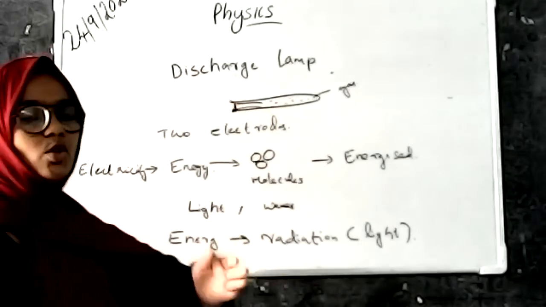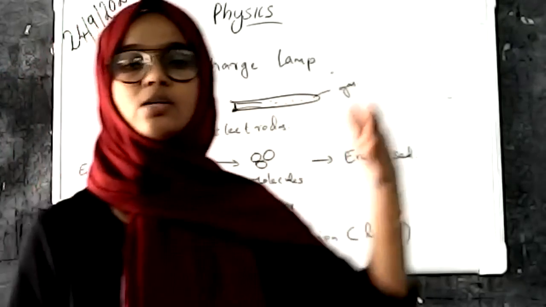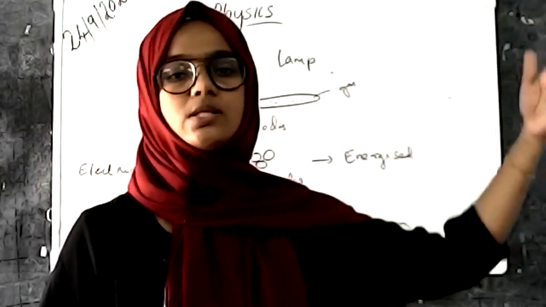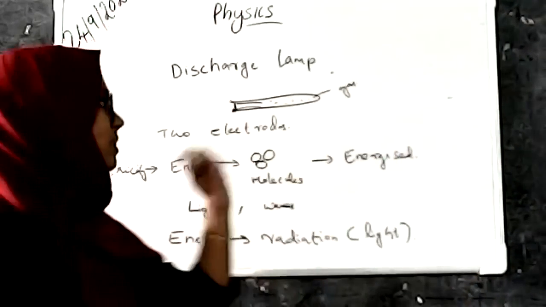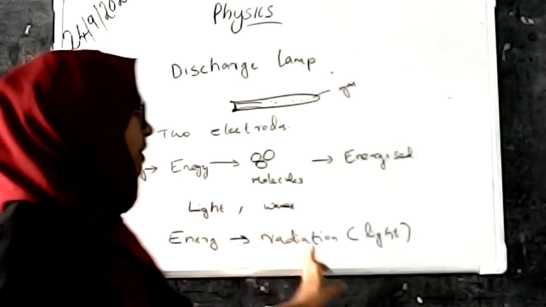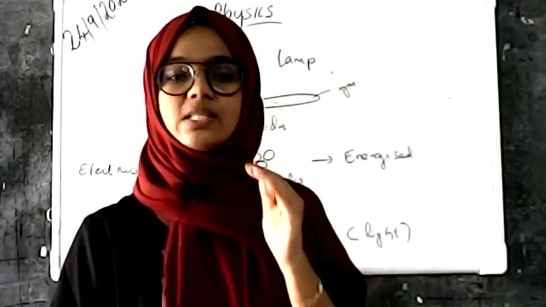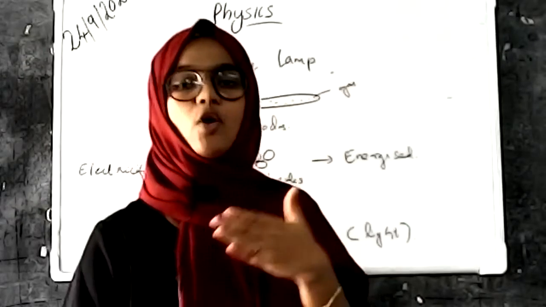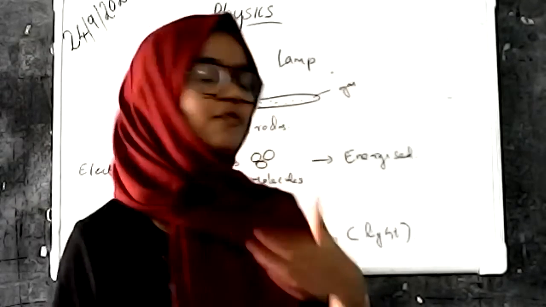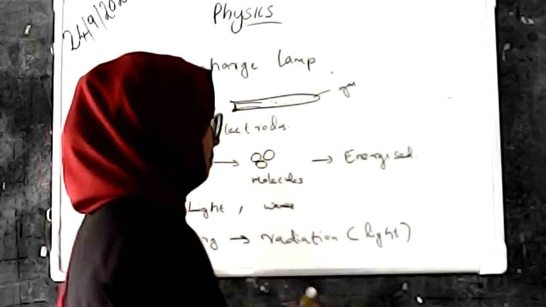That is, they go from a stable to an unstable position, and they want to come back to their original or stable position. For this, they emit their new energy in the form of radiation or light. They radiate in the form of light, and they come to their original or stable position.